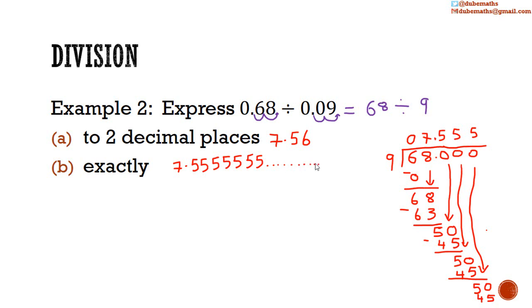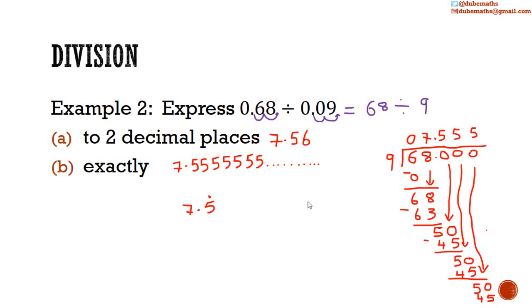But sir, I'm sure you are asking, there must be a way to express this. Yes, this falls into the category of repeating decimals. The 5 repeats indefinitely, so we can express it in this way: 7.5, with a dot on the 5 to signify that it repeats indefinitely.